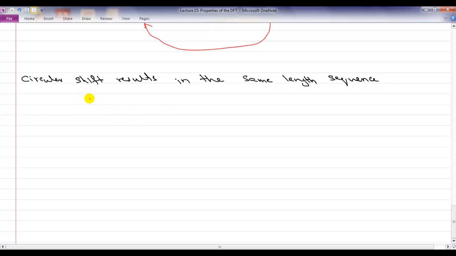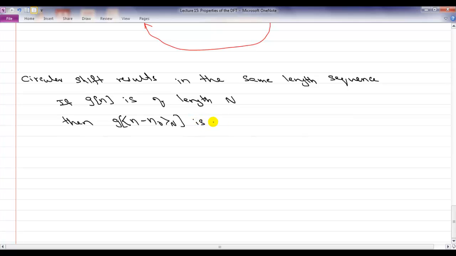So if I'm given g of n of length N, then I circular shift that by n naught. That is also of length N. And we can now talk about the N-point DFT of both the sequences because both are length N sequences.